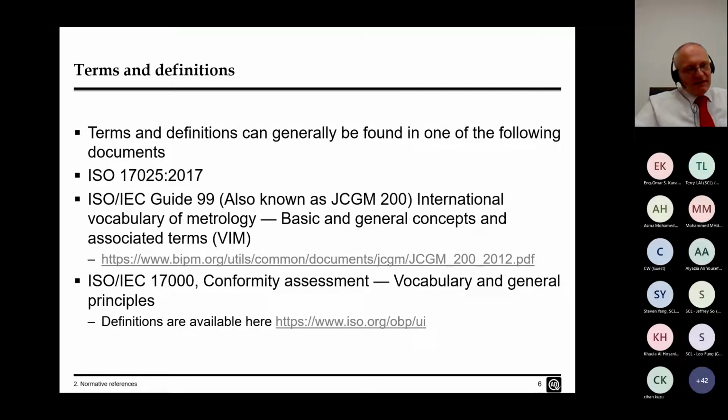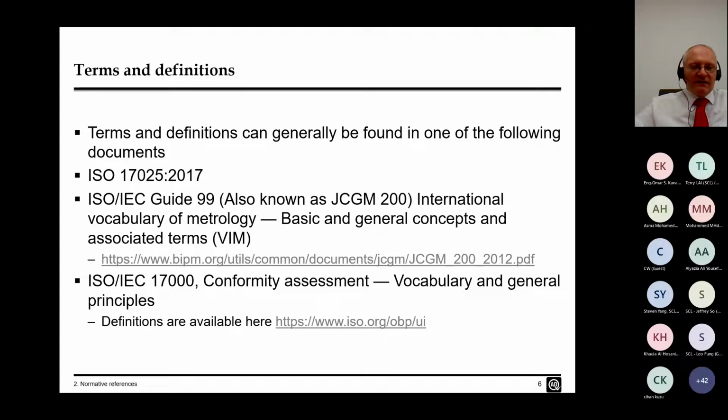There are a lot of terms and definitions, and I'm not going to go through them all in this presentation. They can generally be found in one of the documents, either in the ISO 17025 standard itself. Some of them are in Guide 99, which is the VIM, the International Vocabulary of Metrology, also known as JCGM 200.